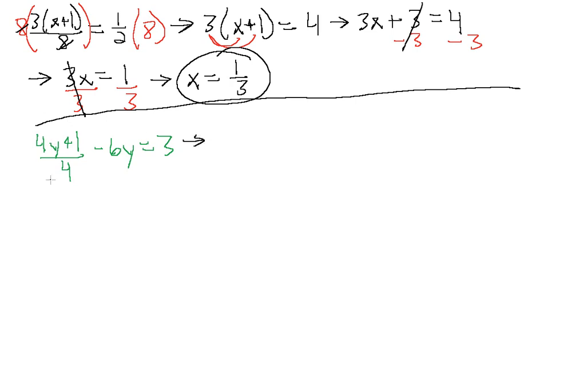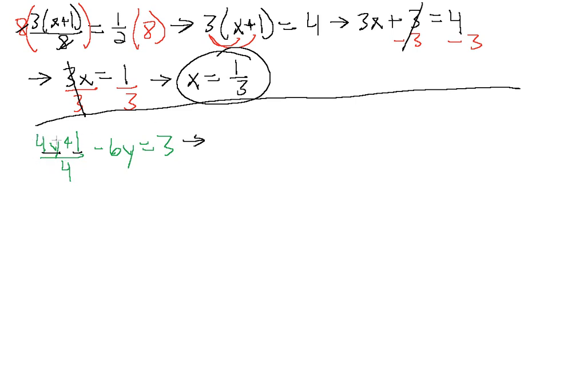Let's go ahead and split this fraction up into 2 fractions. We have 2 terms here. We have a 4y and a 1, and they're over a common denominator. We know how to take 2 rational numbers that have the same denominator and combine them like this. So we can work backwards and split them apart.